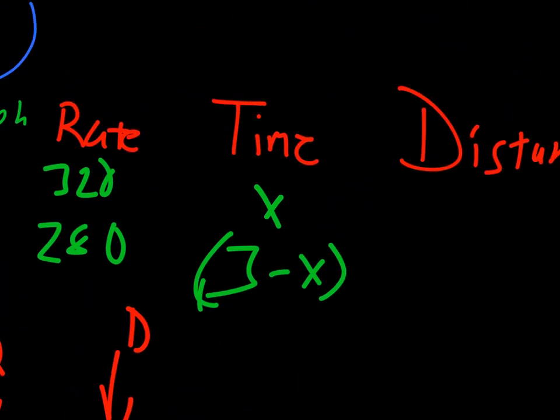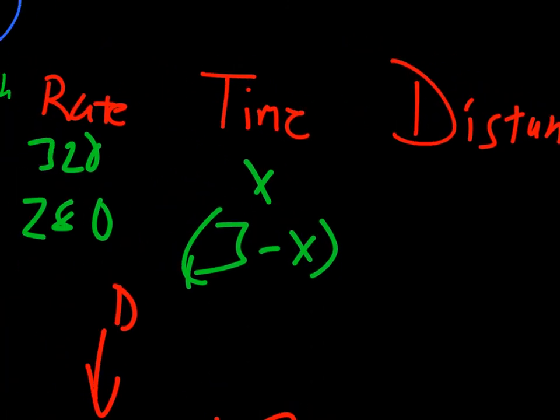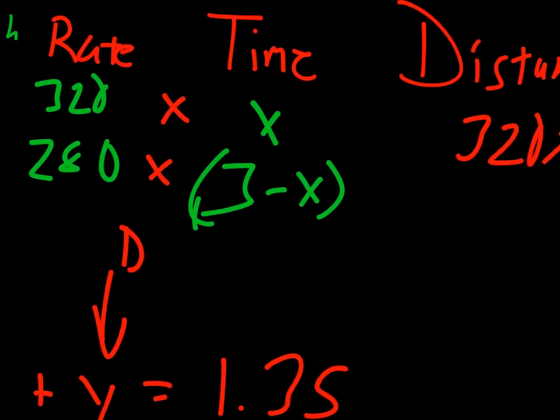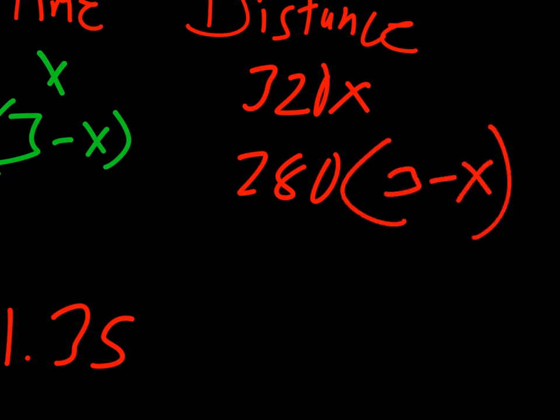So go back to our situation here. The distance apart is simply multiplying this times this, and this times that, okay? So 320 times x giving us 320x, and 280 times parenthesis 3 minus x, okay?